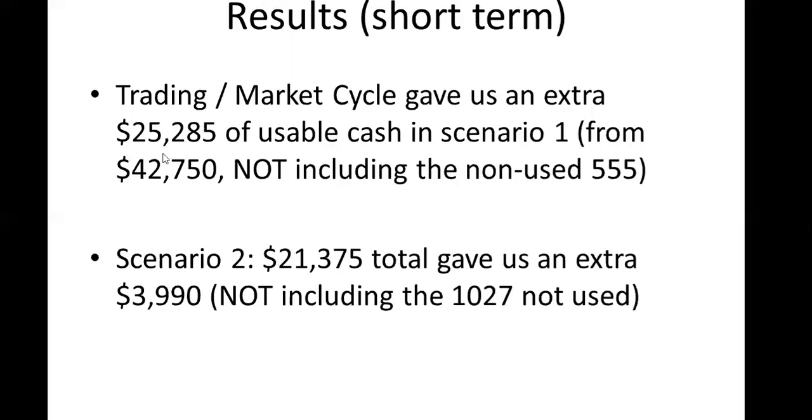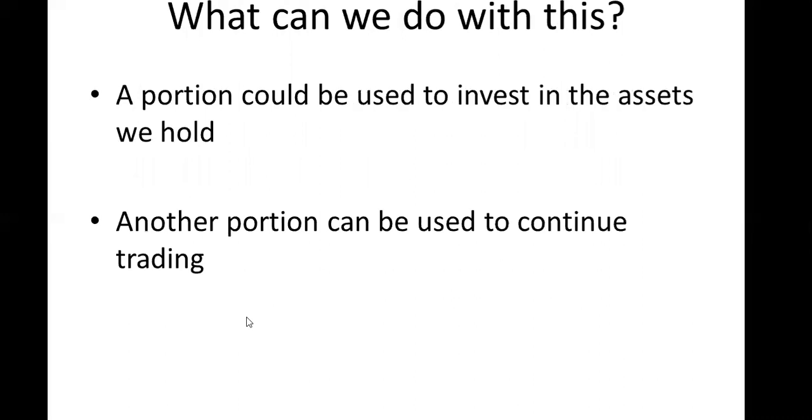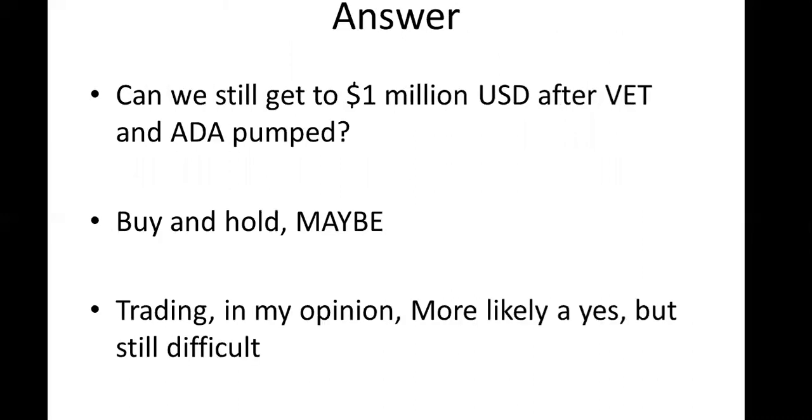These are our profits that we have here. So that means if we took the 20,000 in even the worst case scenario, quote unquote worst, we will have $3,375 still in our wallet, and we put the other 20,000. So here are the results. Another portion could be used to continue trading. Yes. Can we still get to $1 million after that and 88 pump? Buy and hold? Maybe. Strong maybe.